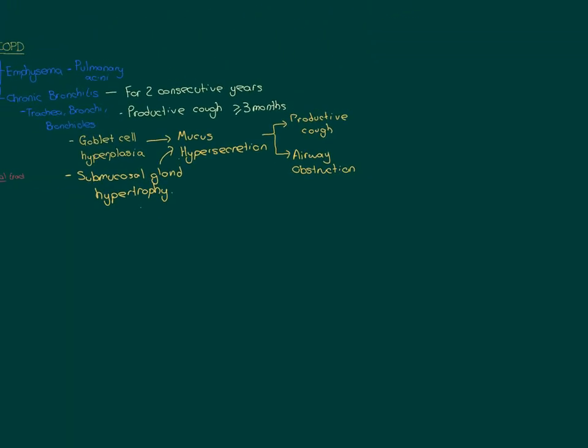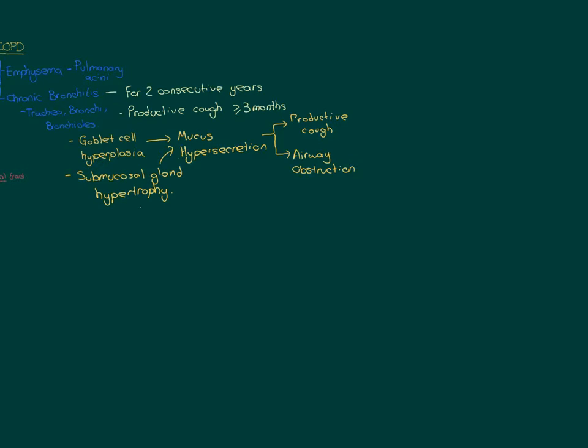And of course, what's that going to lead to? If you've got obstructed airways, the lung parenchyma that's downstream of that blocked airway is not going to get ventilated anymore. There's no air going to get through that airway anymore, which means all of the alveoli downstream of that are now completely useless.